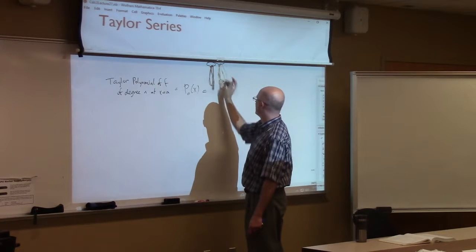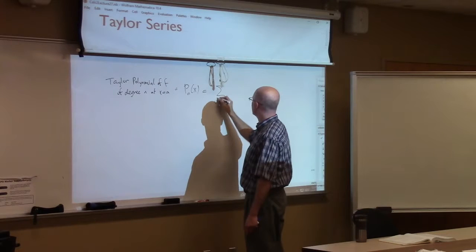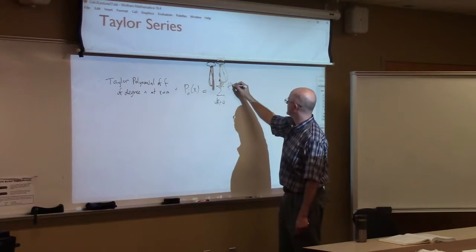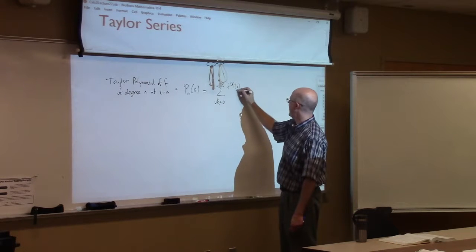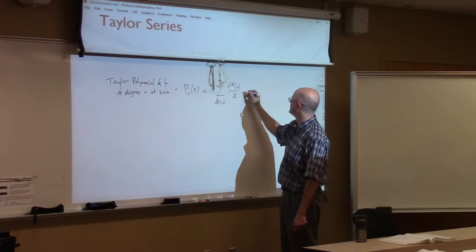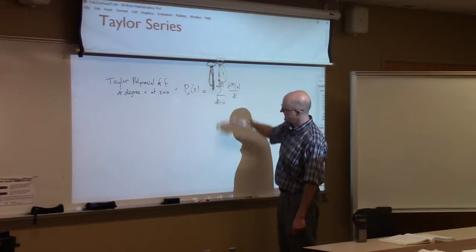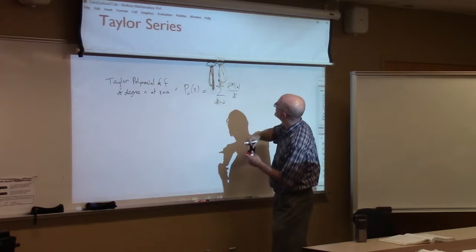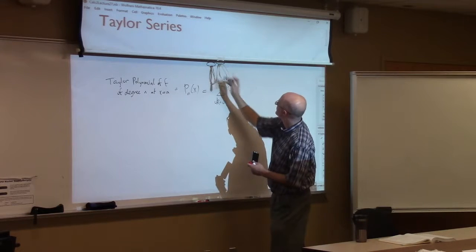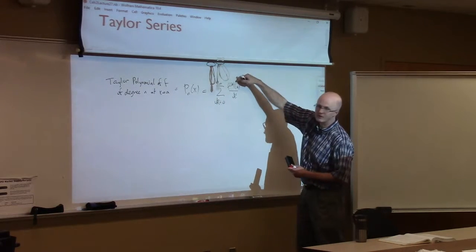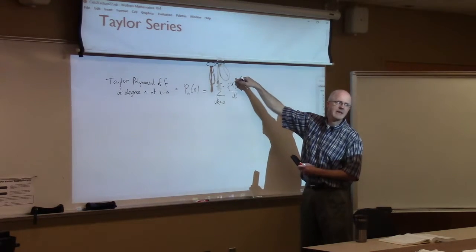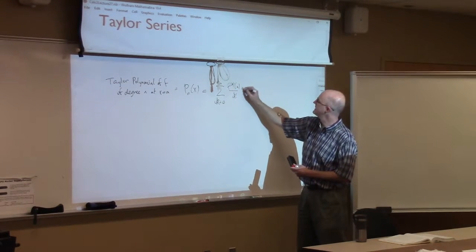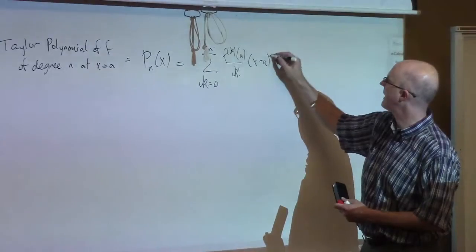In the summation formula, the sum k goes from 0 to, not to infinity, this is a polynomial, go up to n here, of the kth derivative of f at a divided by k factorial times x minus a to the k power. The kth derivative of f, that's what that notation means. It's not the kth power.